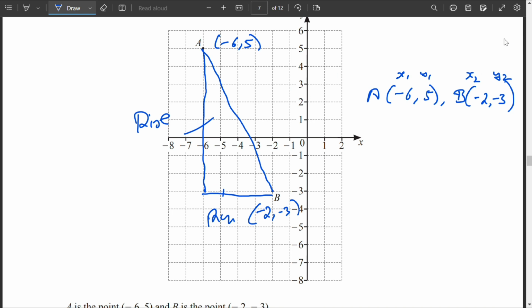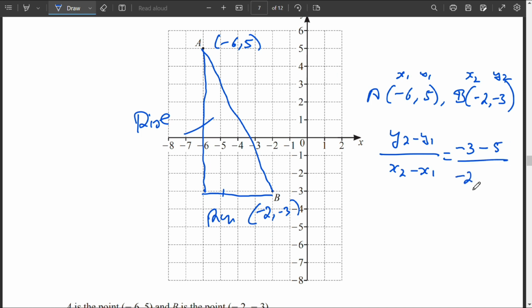First of all, what I am doing is that I am finding the slope of AB. So that is given by the formula y2 minus y1 upon x2 minus x1. That is y2 is what? Minus 3 minus y1 is 5. Minus 3 minus 5.